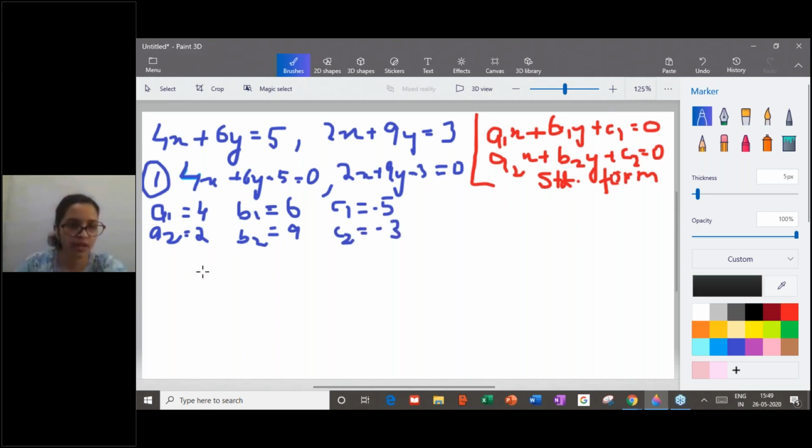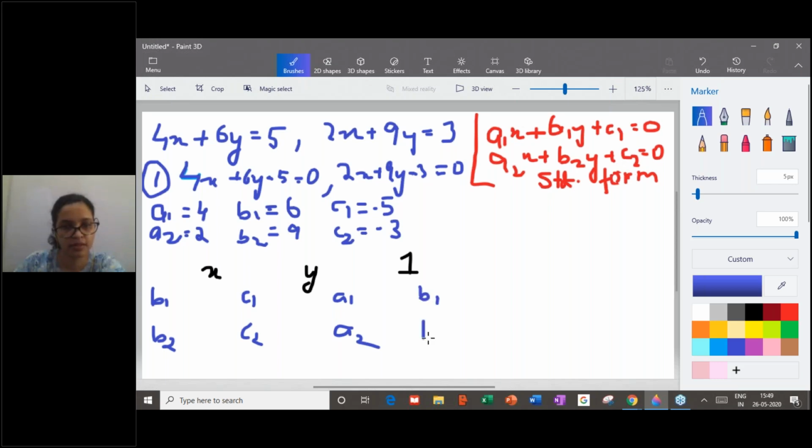Okay, now comes the fun part. You make a column like this: x, y, and 1. First will be b1. Write b1, b2, then write c1, c2, a1, a2, and b1, b2.